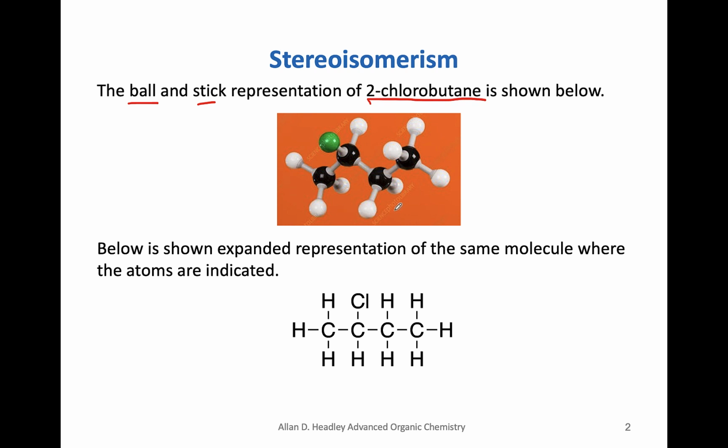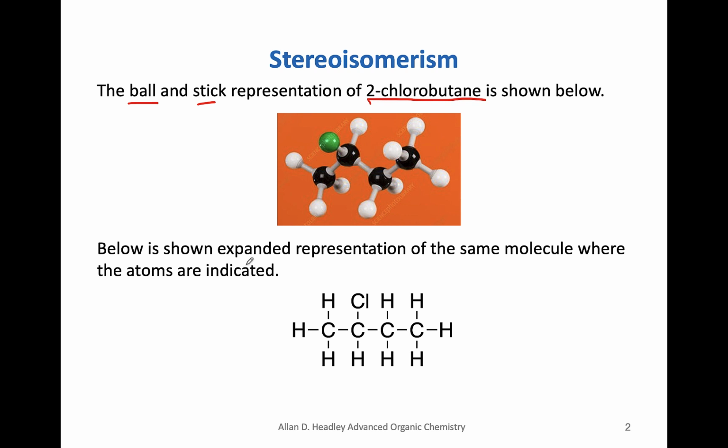But notice again, it's a snapshot. It tries to capture the 3-dimensional arrangement. So in other words, this chlorine here is in front and that hydrogen is in the back, as shown here.